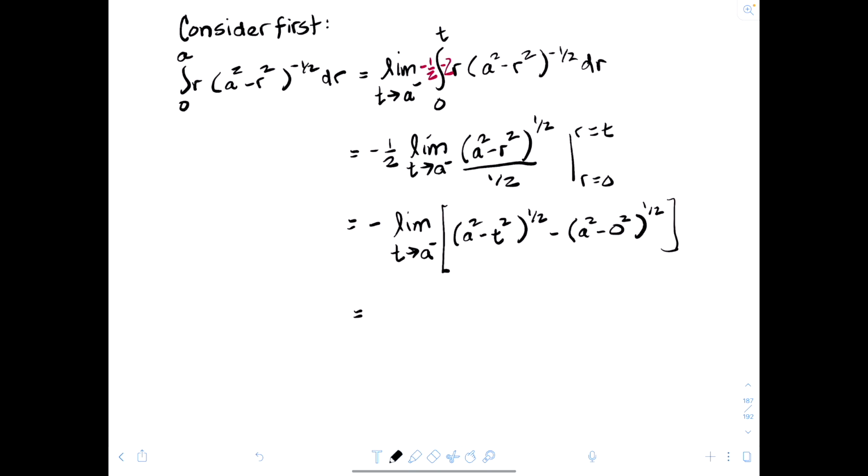So the limit will not affect the second one, and we can just go ahead and plug a into the first one now, because there's no denominator we have to worry about. So this will be negative a squared minus a squared to the 1/2 minus a, which will be positive a.